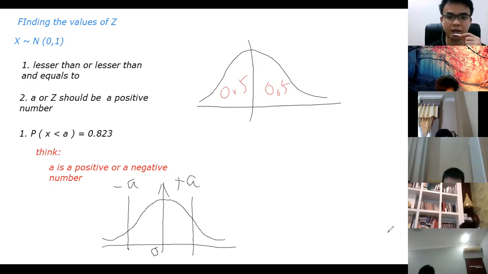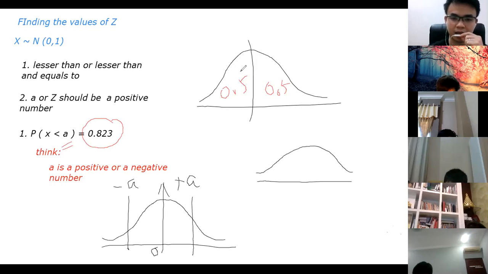Now, if we look at our question, it is less than a, and the probability is quite big. The probability is 0.823. If we still don't understand, we can draw.